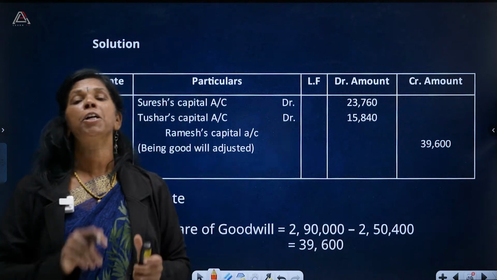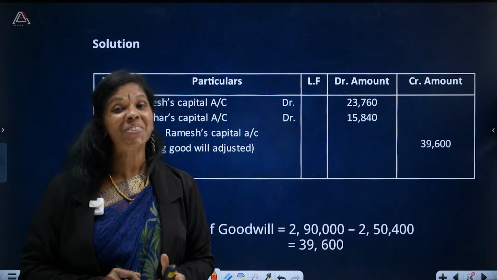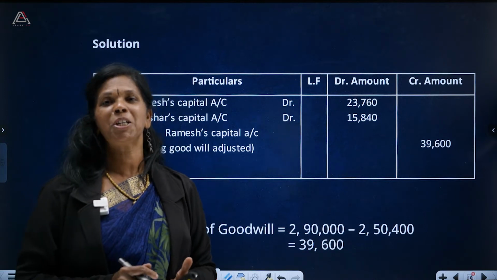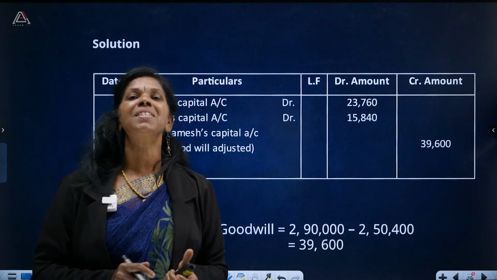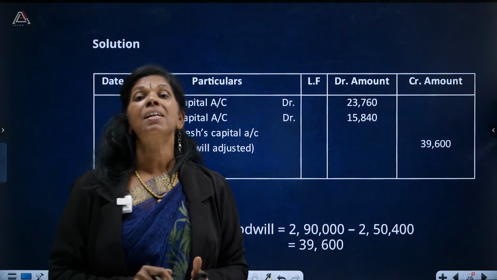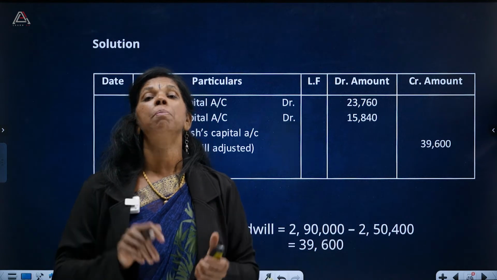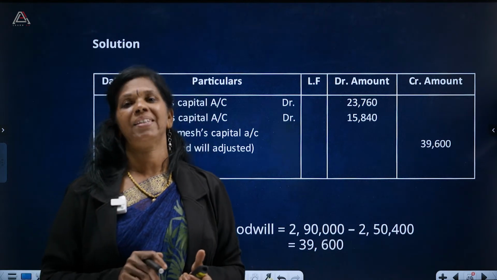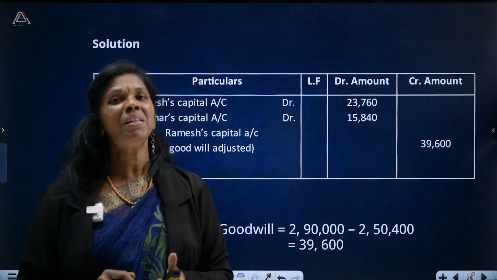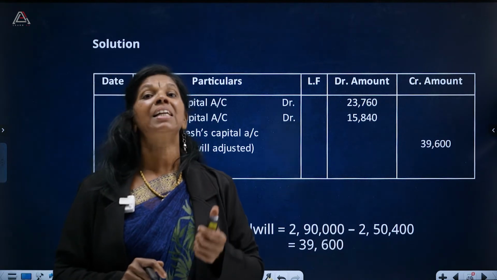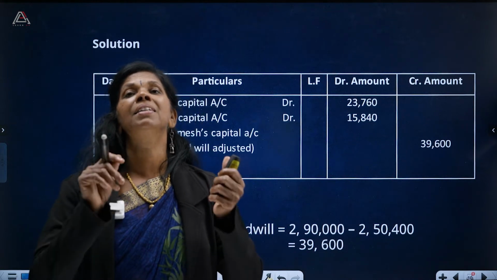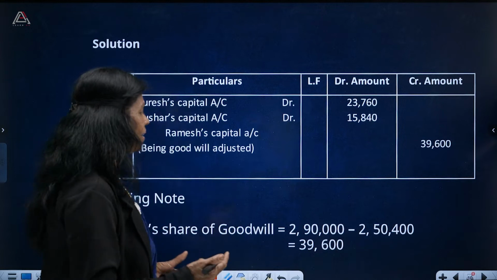in their gaining ratio. Dear student, do you know what you mean by gaining ratio? Have you any idea about the gaining ratio? Gaining ratio means the ratio in which the retiring partner's share of profit is shared by the remaining partners.